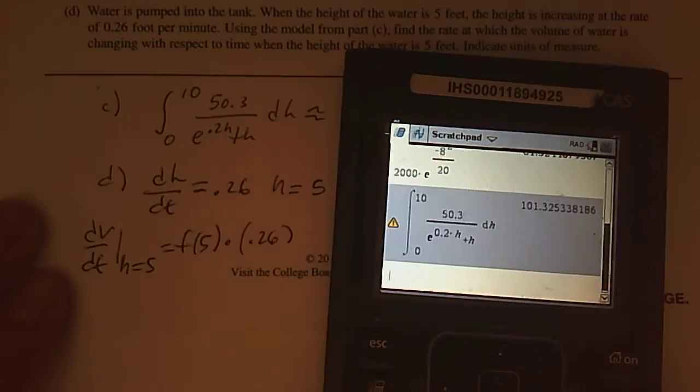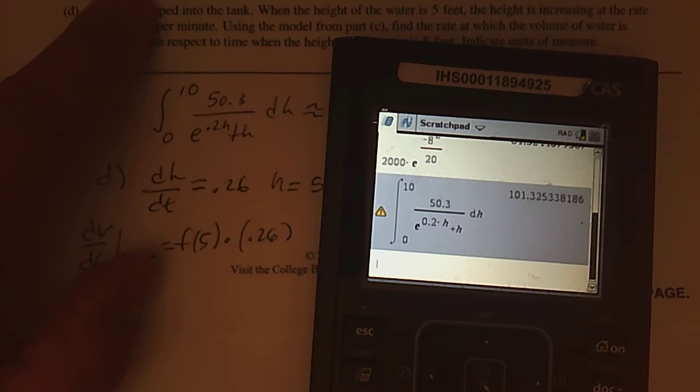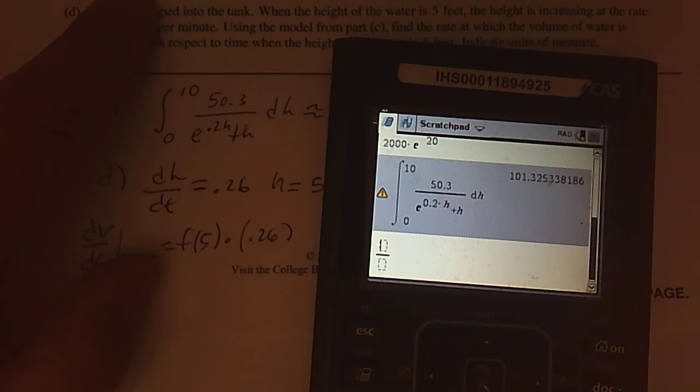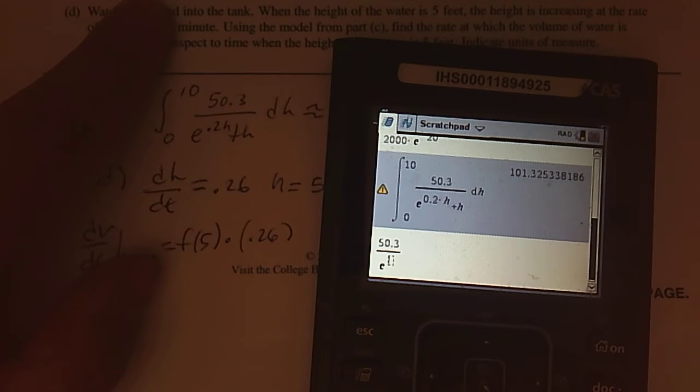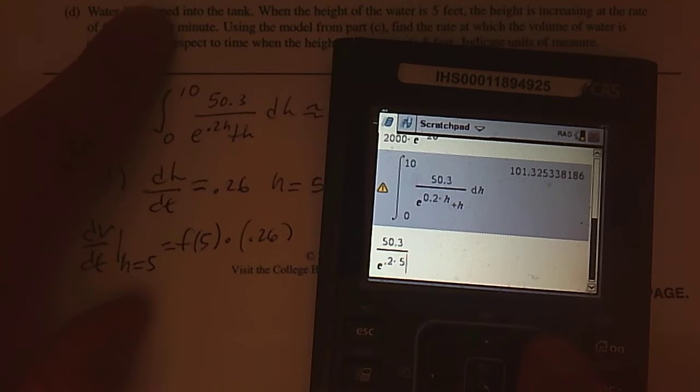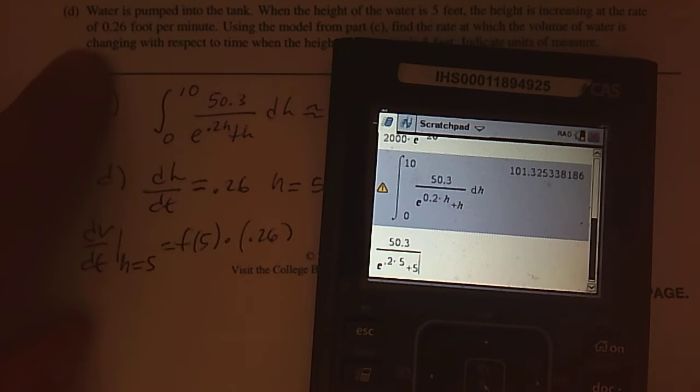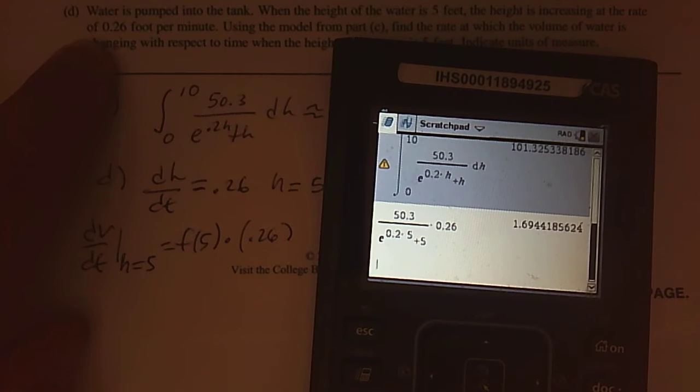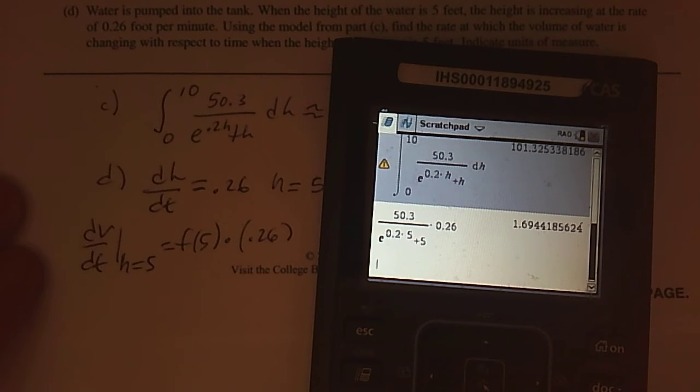So I'm going to use the equation again. I'm going to start with a fraction, and I'm going to go 50.3, and then it's e to the exponent 0.2 times 5. Move it, and again it's plus 5. So take out the h and put in 5, and then move the cursor again and go times 0.26, and then go control enter, and you get 1.694. That's what we're looking for.